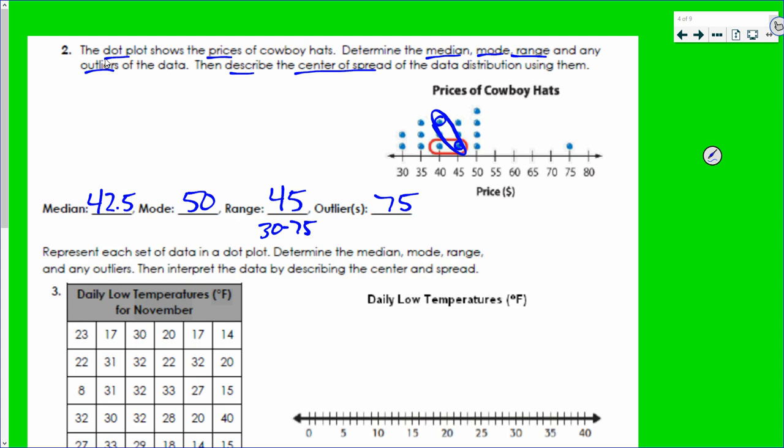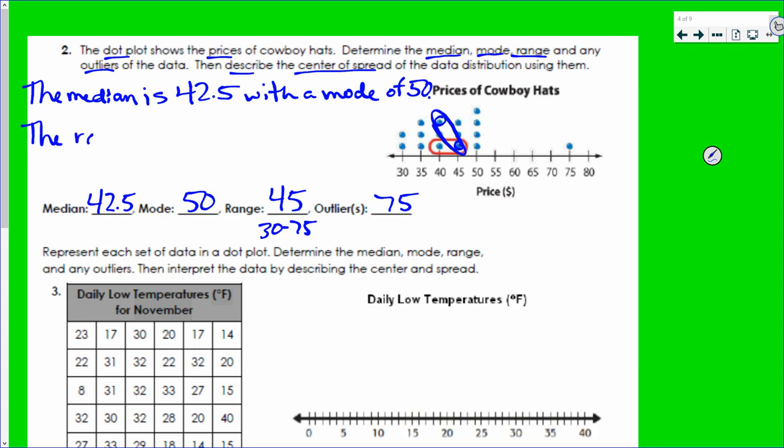So, the last part, we need to describe it. So to do a description of the data, really all we're going to do is recap everything that we've already written down and just put it into words. So I can talk about the median is 42.5 with a mode of 50.